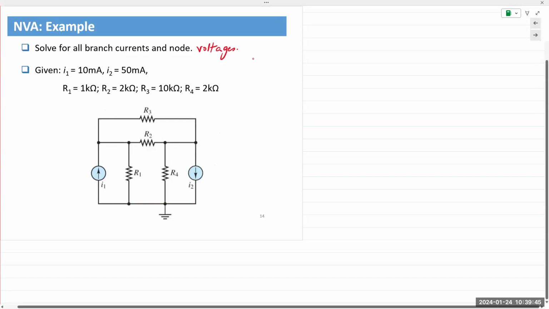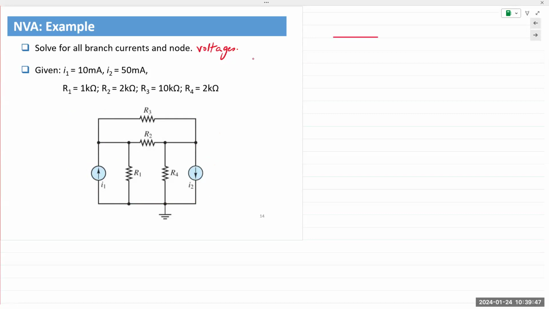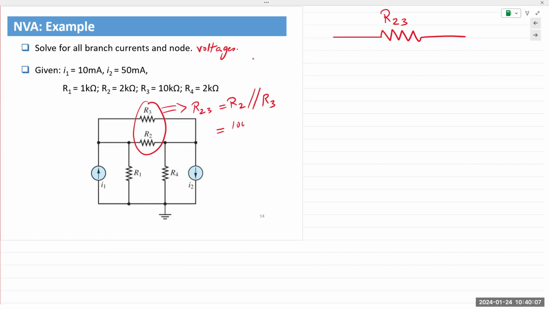So the first step, I would reduce it to R23, which is a parallel combination of R2 and R3. So it's 1000 in parallel with the other, and you can take your calculators out and solve this as I go along.